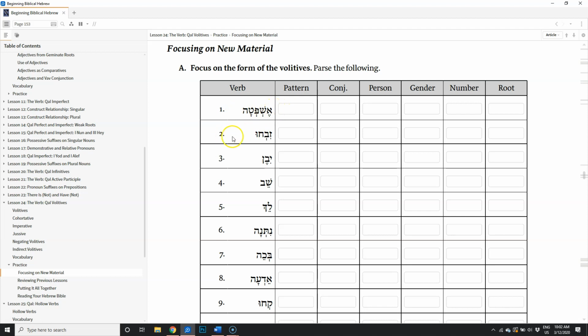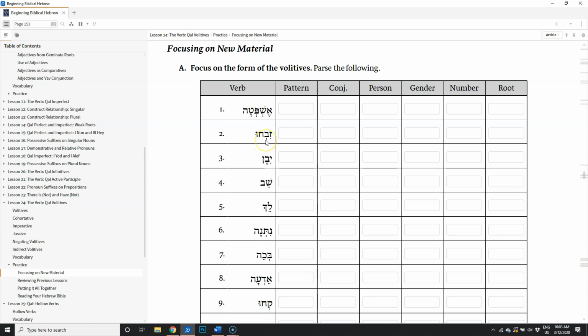All right, so next we've got zivhu. Another little clue: when you see a hirik and then a shewa, let me think of the best way to approach this.